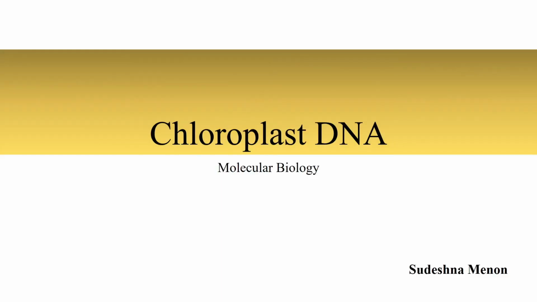Chloroplast DNA. Like the mitochondria have their own DNA, chloroplasts as organelles also have their own DNA situated within the stroma. Now, interestingly, what has been observed is that chloroplast DNA seems to have a lot of similarity with the genome of the cyanobacteria.